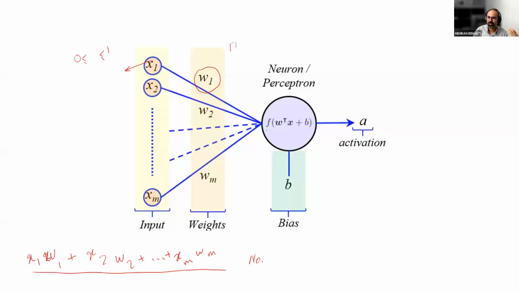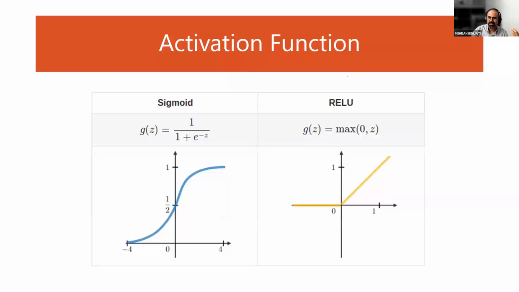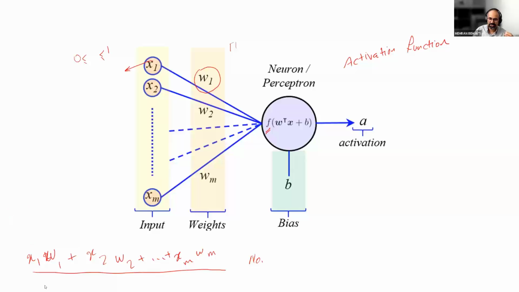For this case, we are using a function in each neuron that we call an activation function. The job of this activation function is, for example, to convert our calculated value from this operation to a number between 0 and 1.